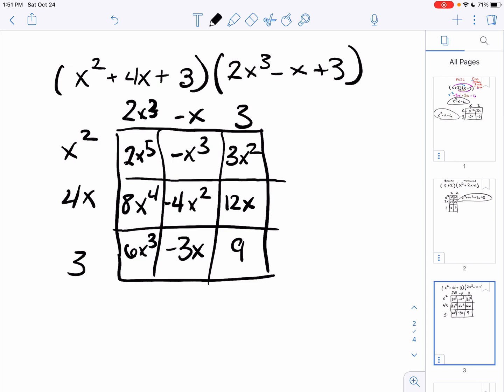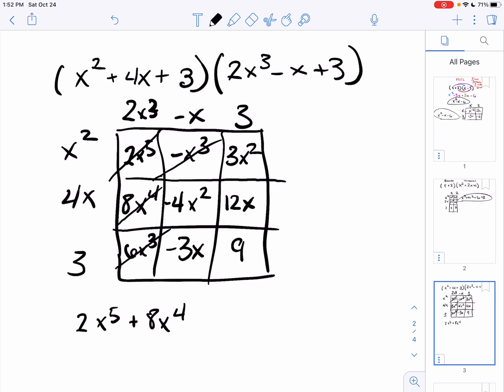So now I'm going to combine my like terms. I have 2x to the fifth. That's the only thing that is to the fifth. So now I have to the fourth. I only have one term that's to the fourth, 8x to the fourth. Now my cube terms, I have negative x to the third and 6x to the third.